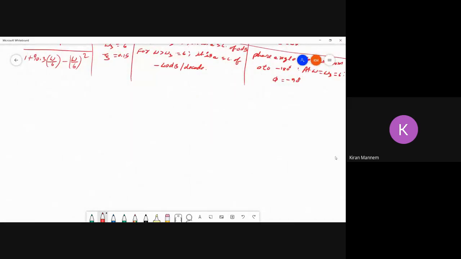Okay. So let us look at the phase angle values now, our phase plot. We summarize all these things.